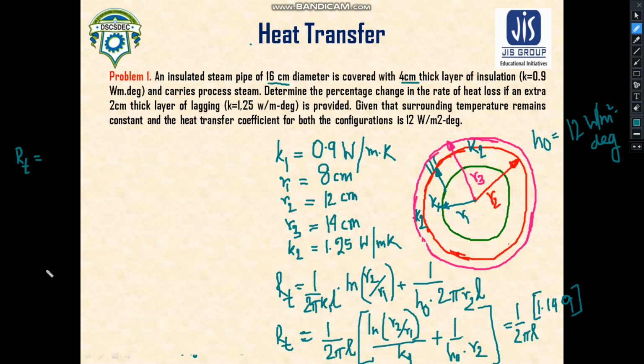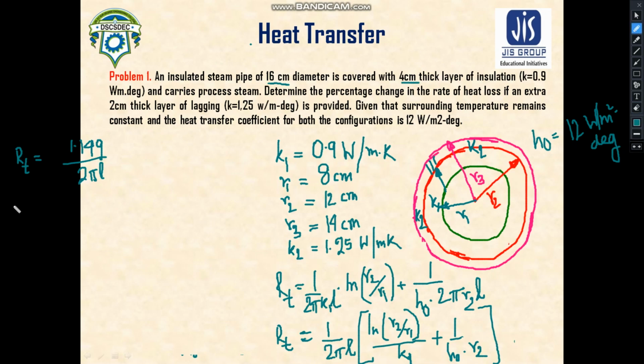Ultimately it will be 1.149 divided by 2 pi L. Pardon me if I have done it wrong here. So ultimately you will get this result: 1.149 divided by 2 pi L. So this is your ultimate thermal resistance for the first case.